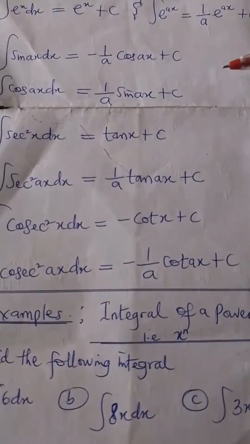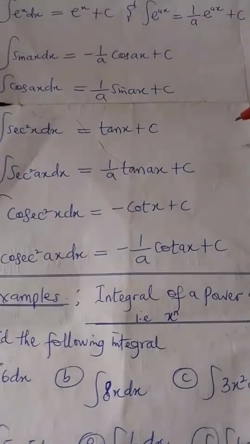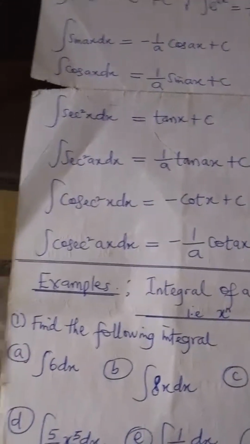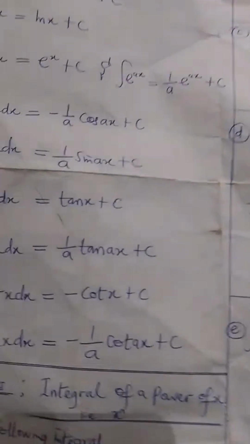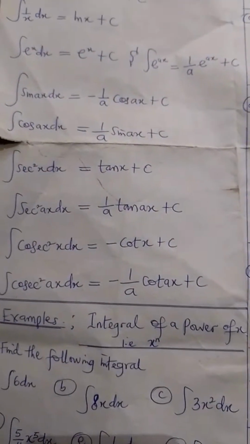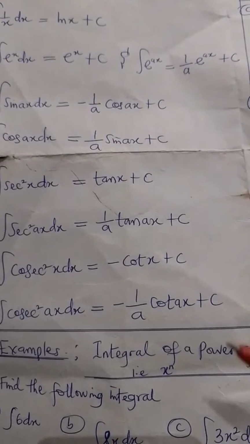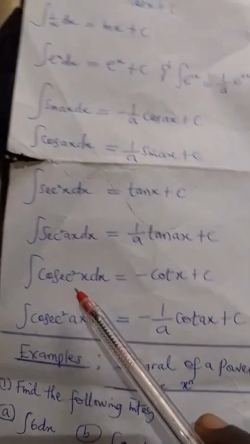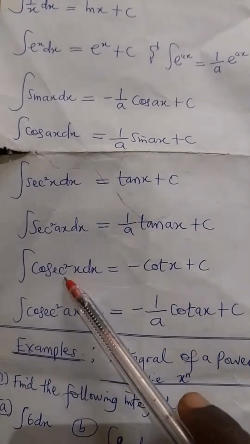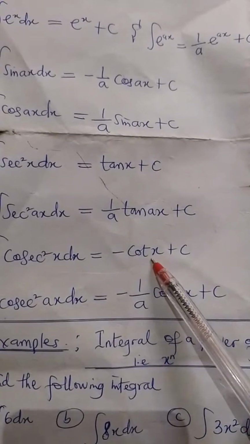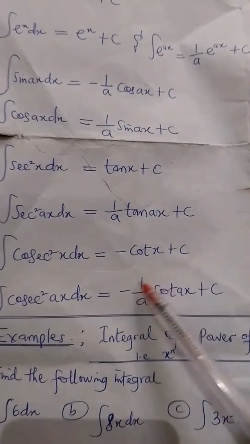So we have that cosec x dx. Can you see it very well? So I think it's clear now. Cosec square x dx. So can we say minus cot x plus c?